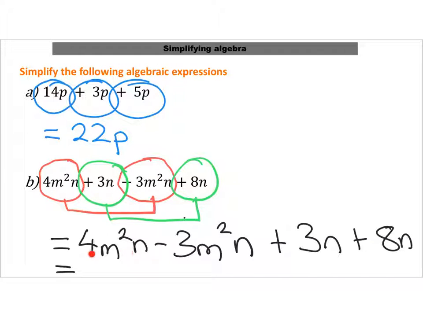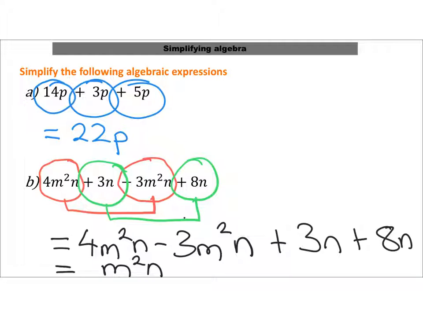So I've got 4m squared n here, and I'm going to subtract 3m squared n from that, which gives me simply m squared n. We could put a 1 in front of it, but it's not necessary because I already know that this is only one group of m squared n.